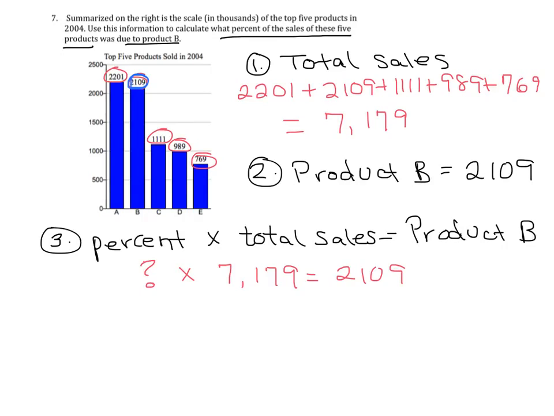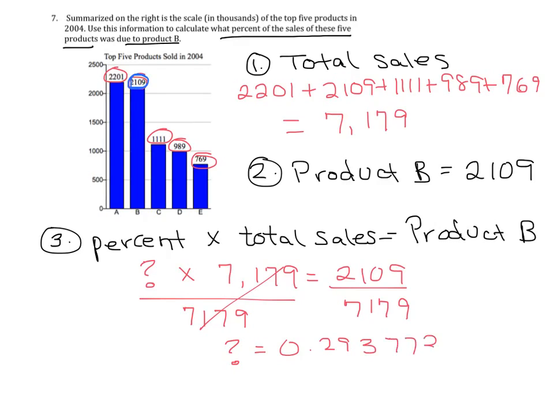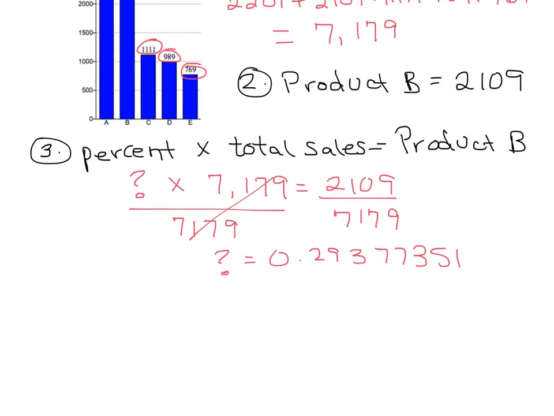To get the missing value by itself, I'll divide each side of the equal sign by 7,179. When I input this into my calculator, I'll get that the missing value is 0.2937731. Now I want to find a percent. Therefore, I'll take the decimal and multiply it by 100.